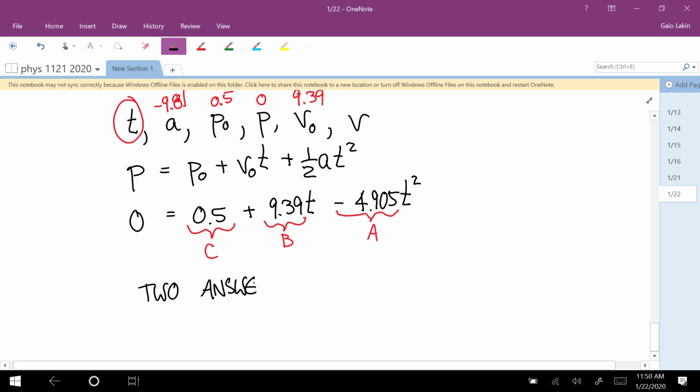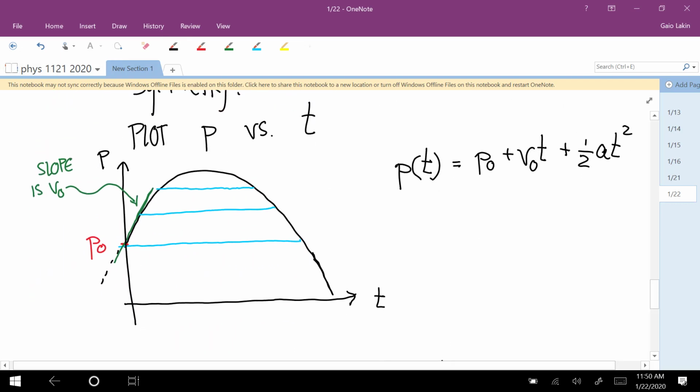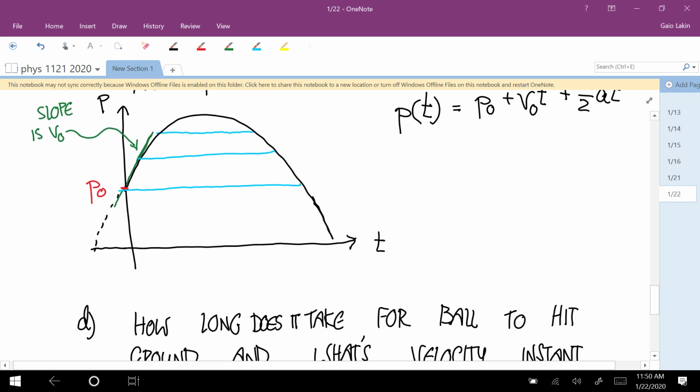So, no, that's, I got 1.7. Okay, so we should get 1. So here's what's going to happen, to understand what's going on. The equations don't know what actually happened and what theoretically happens on this parabola. So it's going to give you two answers for when the height is equal to 0.